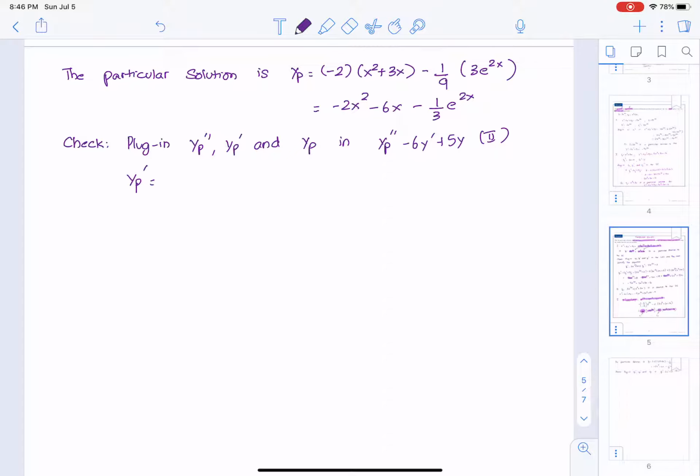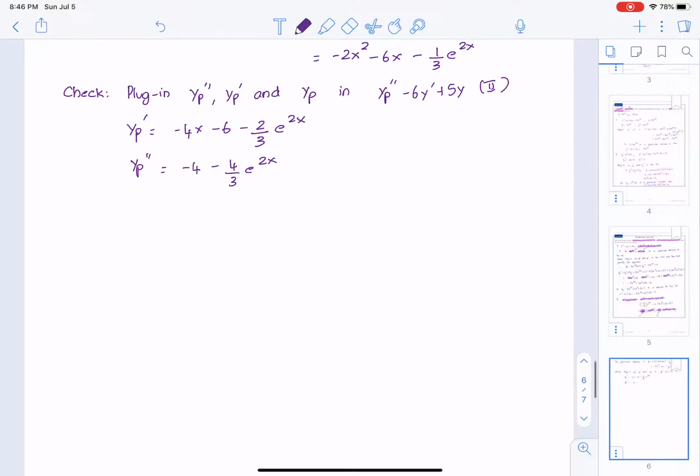Yp prime is minus 4x minus 6 minus 2 over 3 e raised to x. Yp double prime is negative 4 over 3 e raised to x.